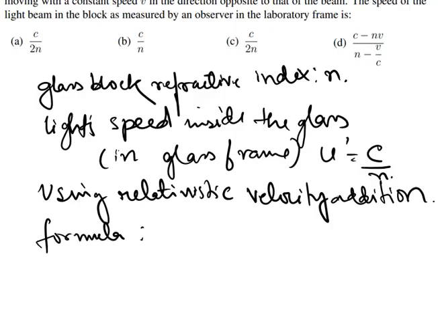So using the relativistic velocity addition formula, we can write u equal to u prime minus v by 1 minus u prime v by c square.